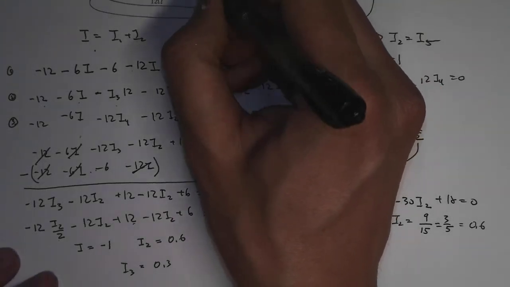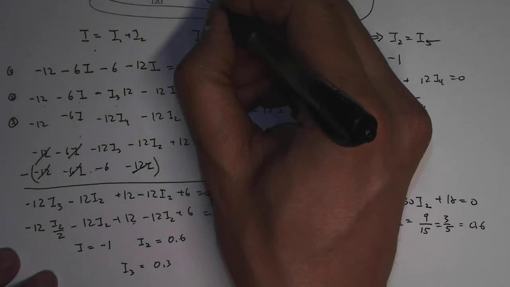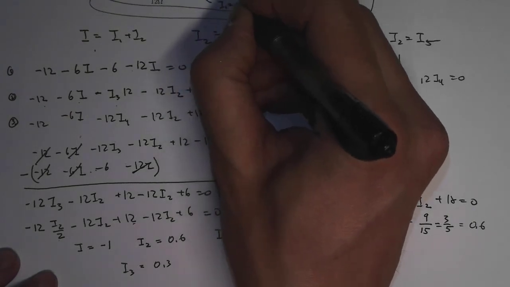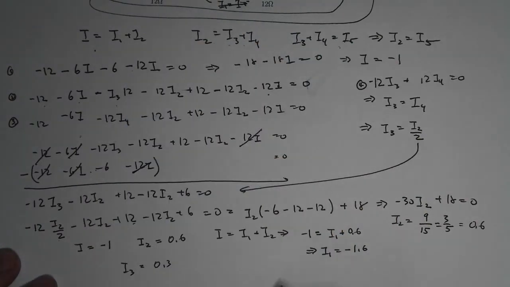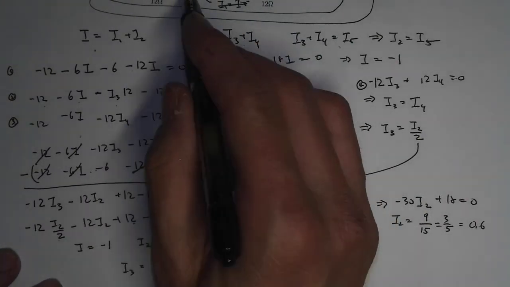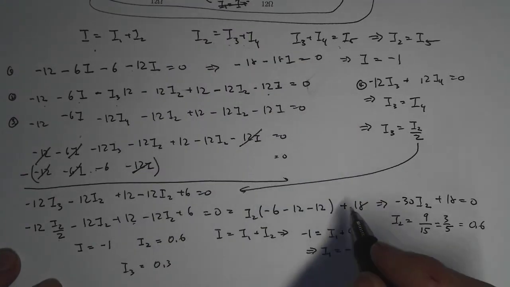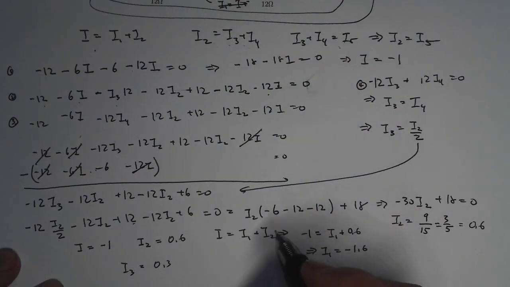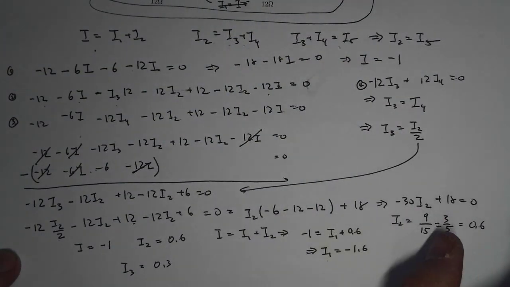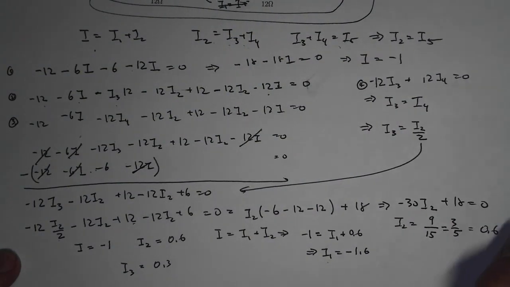I1 on this circuit is equal to I plus the current flowing through this branch, which is going to be just I1 plus I, which in this case is 0.6, and then I2 is also 0.6 as well. All right, hope that was helpful.